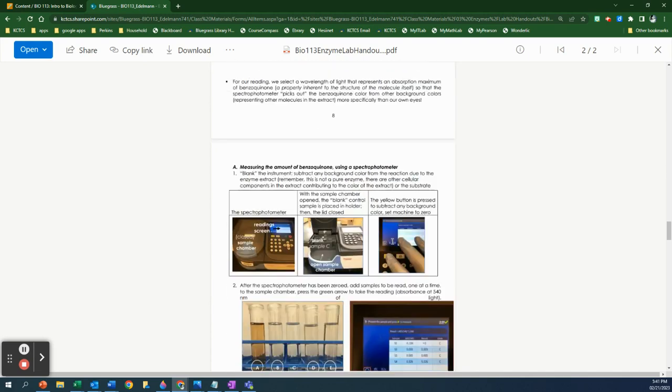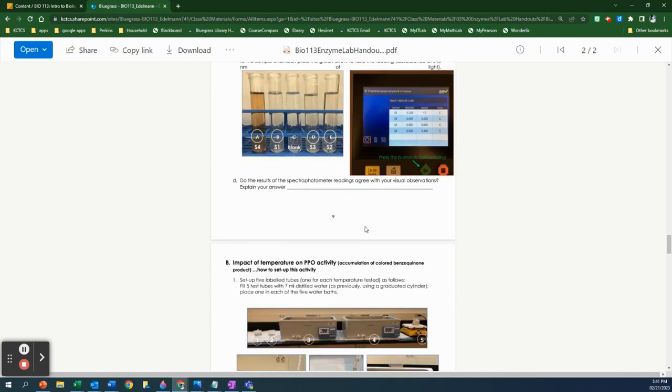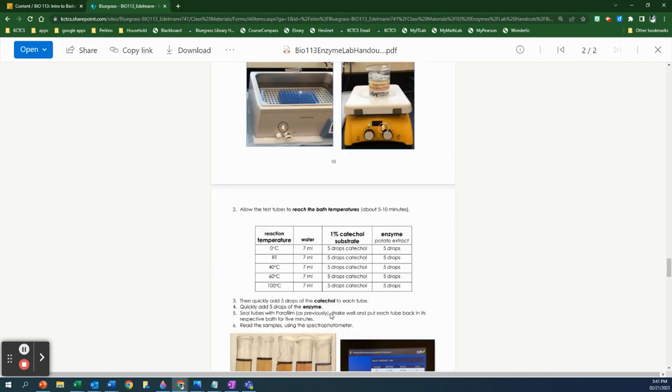Then we're going to learn how to use a spectrophotometer, how to read those samples. Then we're going to have a couple of different temperature setups, and you're going to put the solutions in at a couple of different temperatures to look if differences in temperature have an influence on enzyme activity.